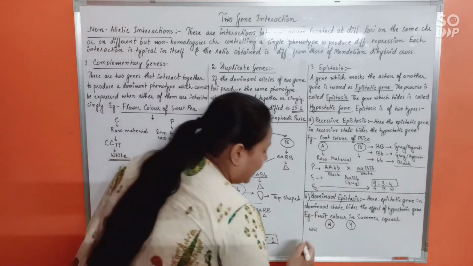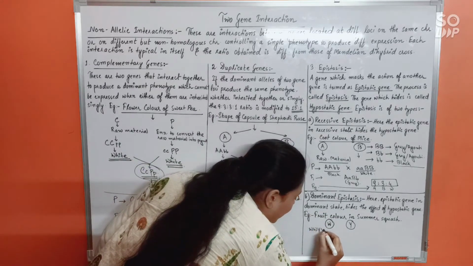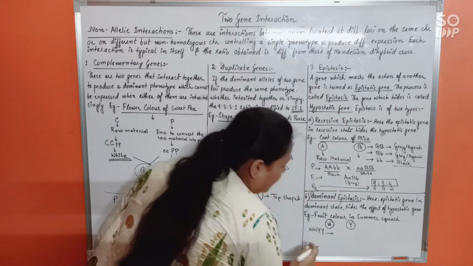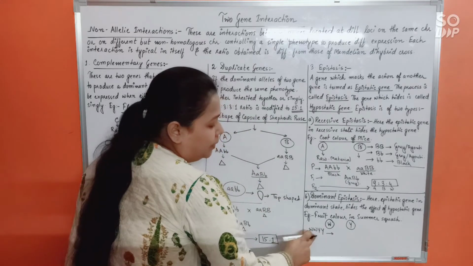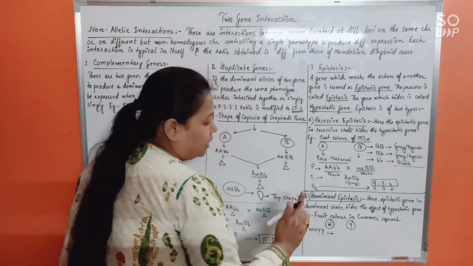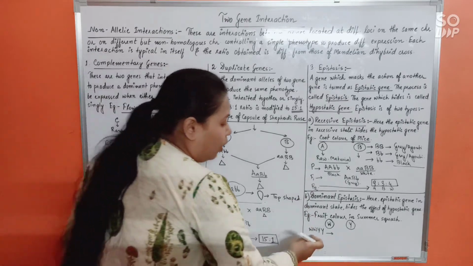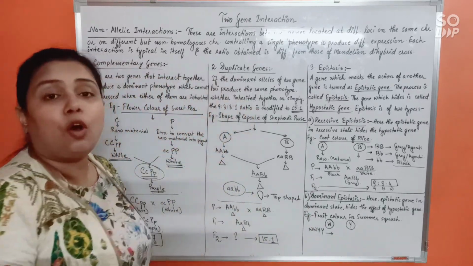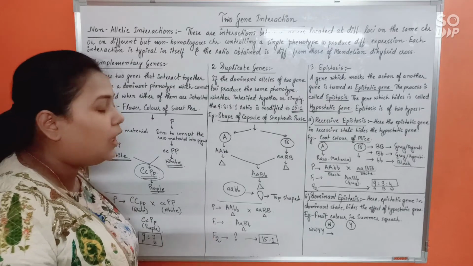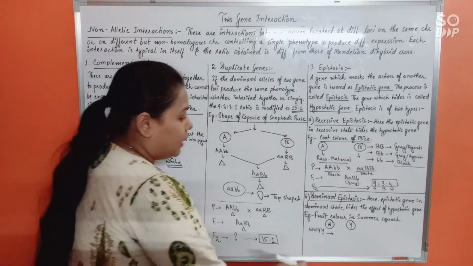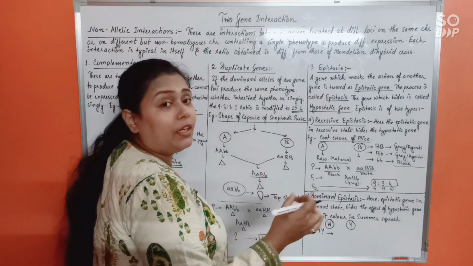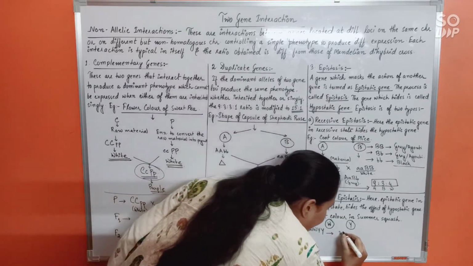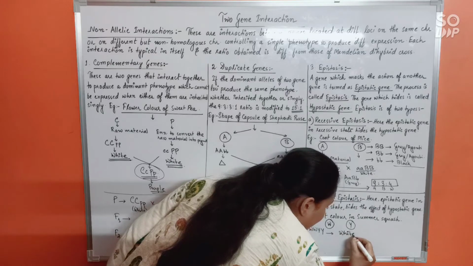Okay, so when the genotype is like this, all in dominant state, capital W, capital W, capital Y, capital Y, all the alleles being dominant, what should be the color? The color produced should be white or yellow. The color produced is white.